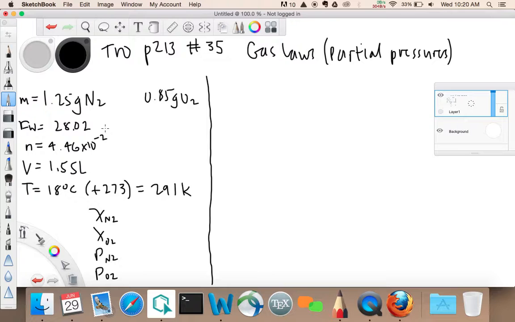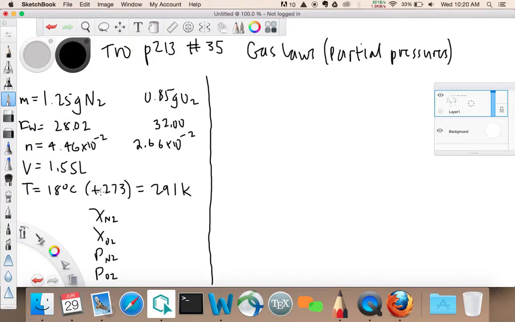Okay, and for 0.85, the formula weight of oxygen is 16.00, so O2 is going to be 32.00. So 0.85 divided by 32 is equal to 2.66 times 10 to the negative 2.